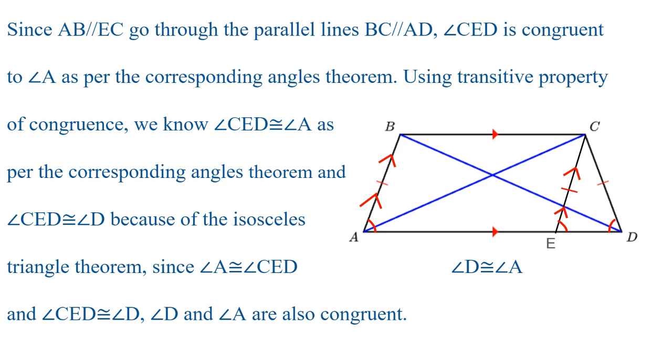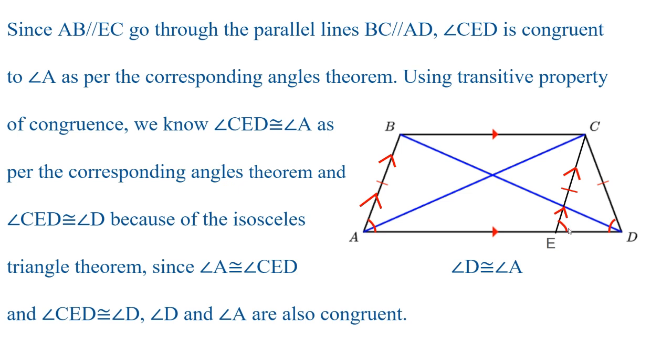So using the transitive property of congruence, we'll just call it angle E for now, a little shortcut. Angle E is congruent to angle A as per the corresponding angles theorem, and angle E and D are congruent because of the isosceles angles theorem.